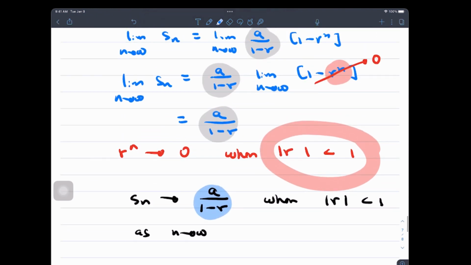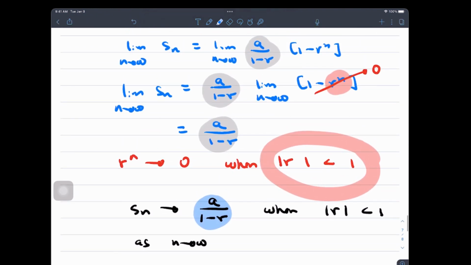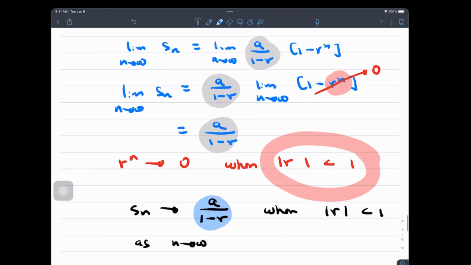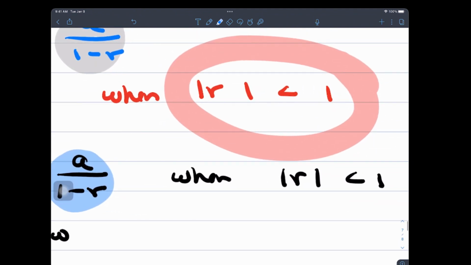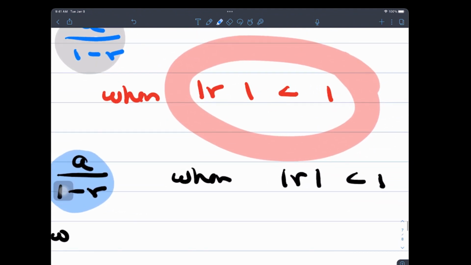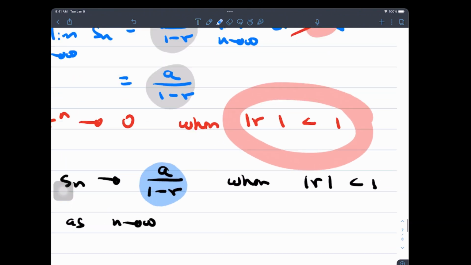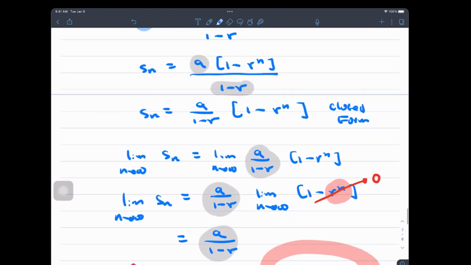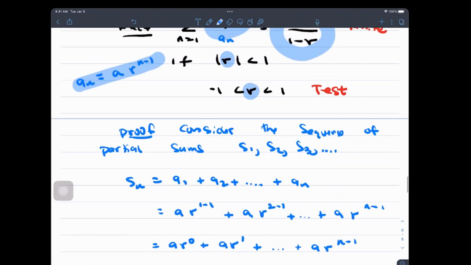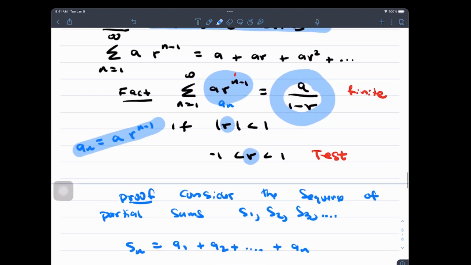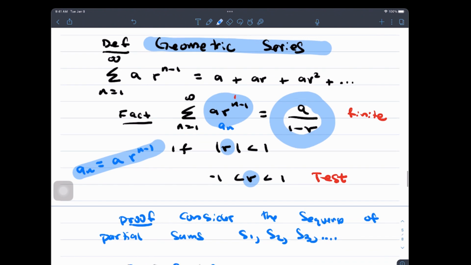And remember, it diverges for other values of r. We've seen that already. So, ladies and gentlemen, it goes back to using that key fact. This is why you guys have to know about the convergence of sequences. So what we showed is that the sequence of partial sums converges, and this is what we proved here for the geometric series.